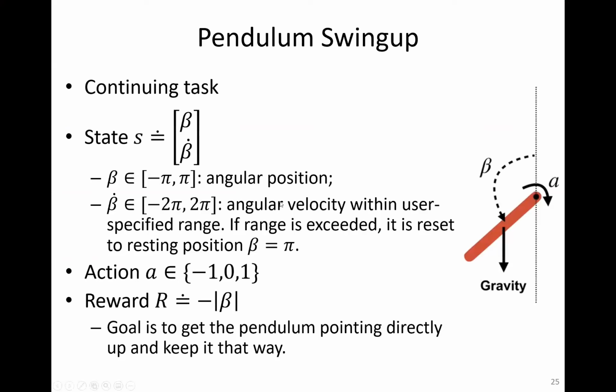This is just a user-imposed range for simplicity. And the action is either no action, or a torque to swing it in the clockwise or counterclockwise direction. Reward is minus the absolute value of beta. The goal is to set the pendulum pointing directly up and keep it that way.